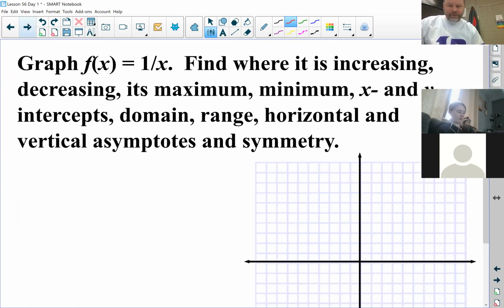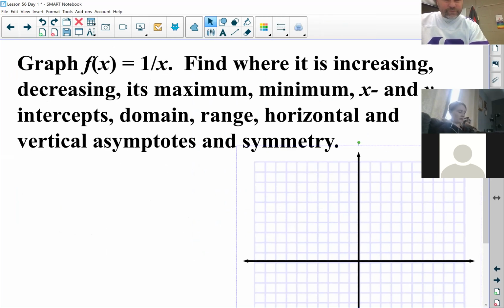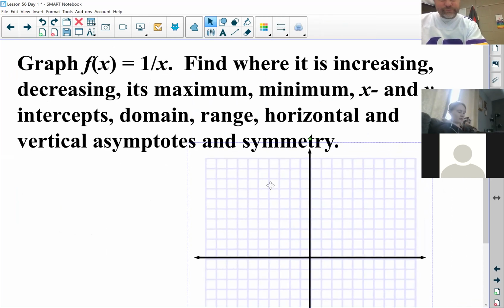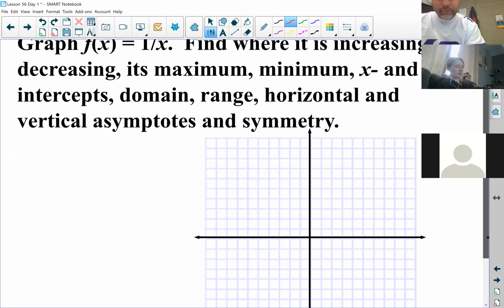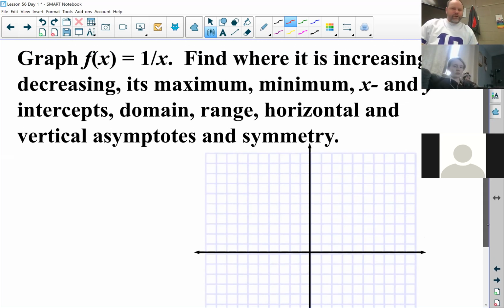All right. So let's go to a little bit different function. The function 1 over x, sometimes called the reciprocal function. How comfortable are we with the reciprocal function? We've graphed these before or no? A little bit? Okay.